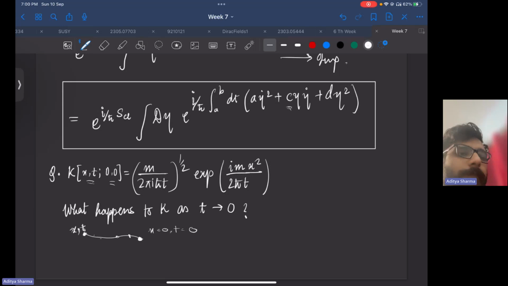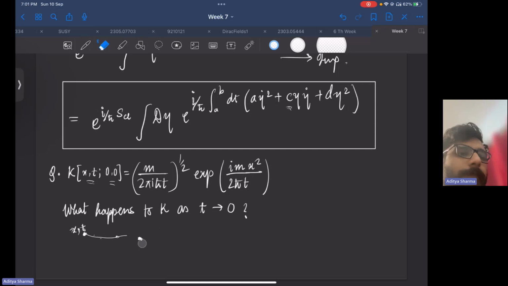So what is the probability distribution to be here itself? Intuitively, if it is already here, then at the same instant it should be here, it should be one, right? But since it's a probability distribution, we write this properly as delta of t.